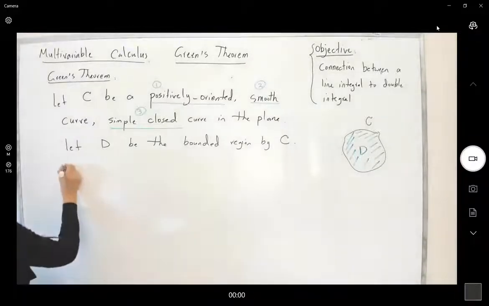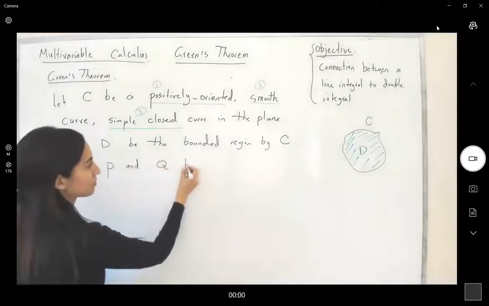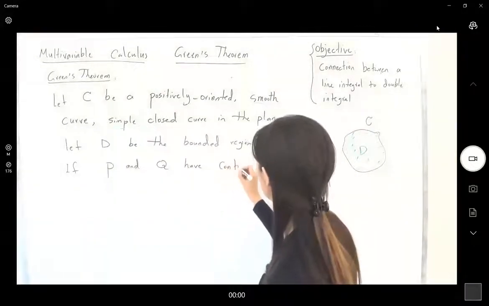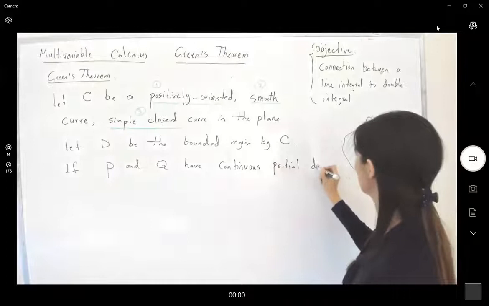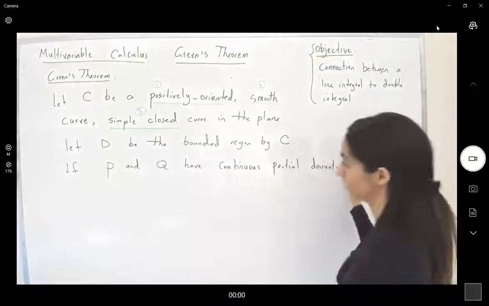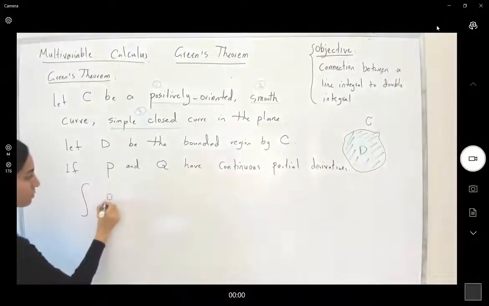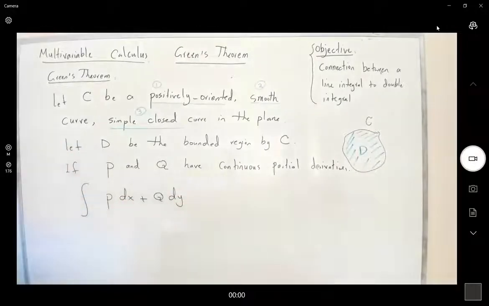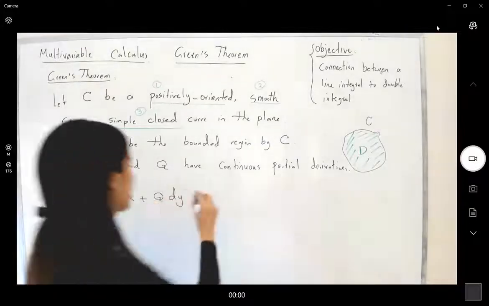If P and Q have continuous partial derivatives, then the line integral of P dx plus Q dy over C is nothing but the double integral.